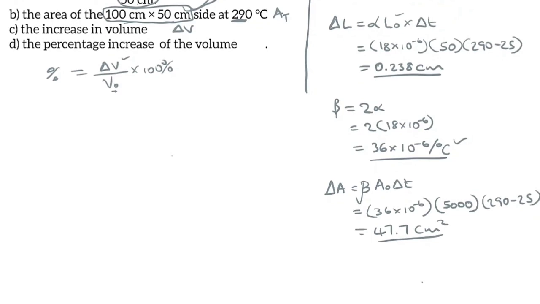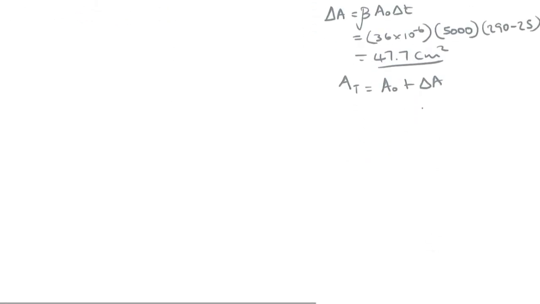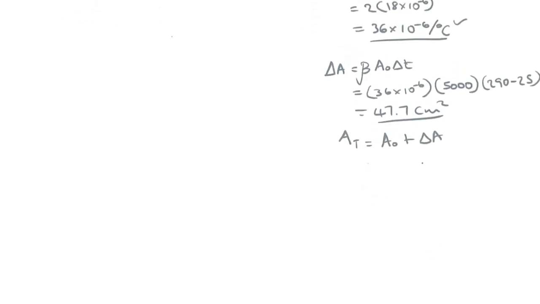Now you have to calculate the total area at this temperature. That means you'll say the total area is equal to the initial area plus the change in area. The initial area, we said it is 5,000, plus the change in area that we got now, 47.7.